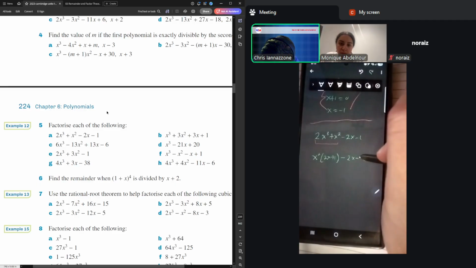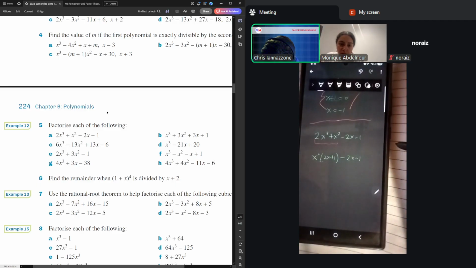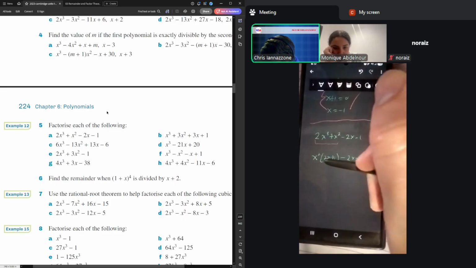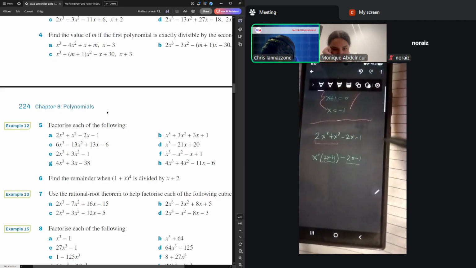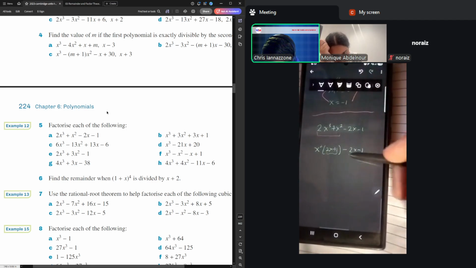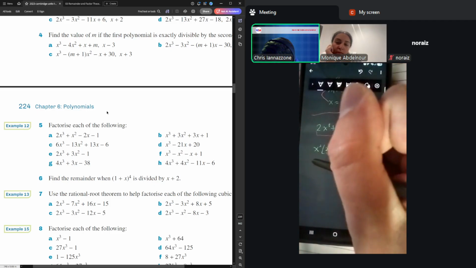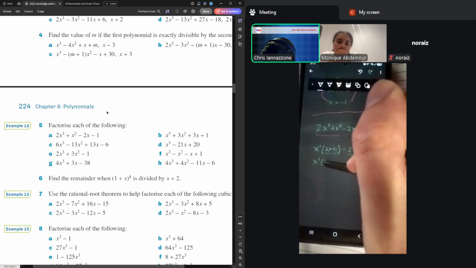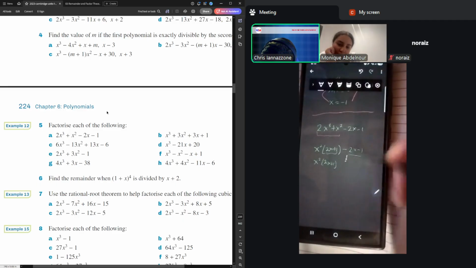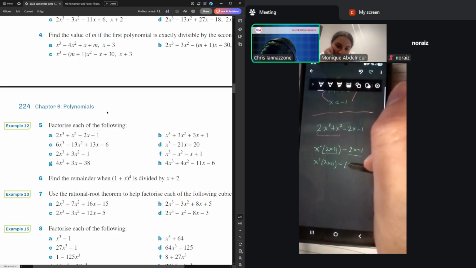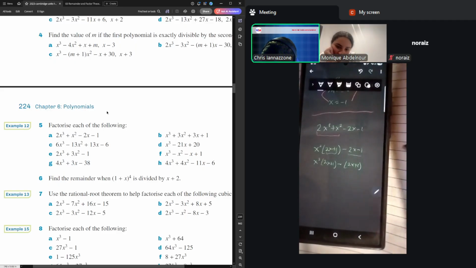You've also got this minus 2x minus 1 over here. And you start to recognize, hang on a minute, this is kind of close. Minus 2x minus 1 and plus 2x plus 1. If all I do is take a coefficient of 1 out of that, I now have x squared times (2x plus 1) minus (2x plus 1).